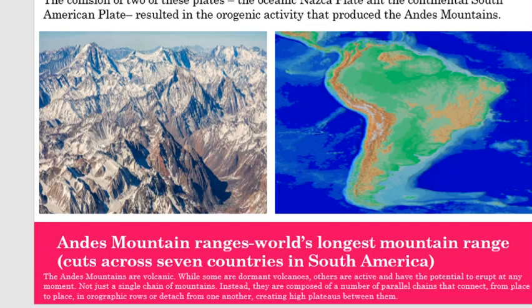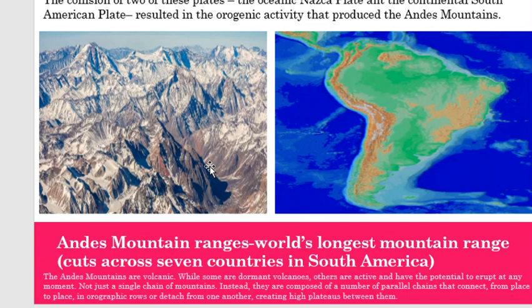Now, one result of a converging plate boundary, one oceanic and one continental, is the Nazca plate. The oceanic Nazca plate and the continental South American plate resulted in the orogenic activity that produced the Andes Mountains.